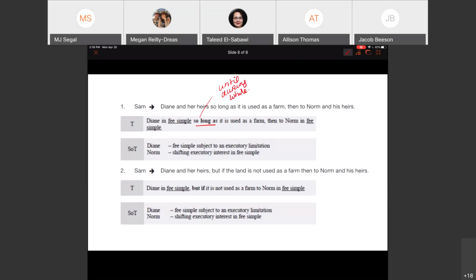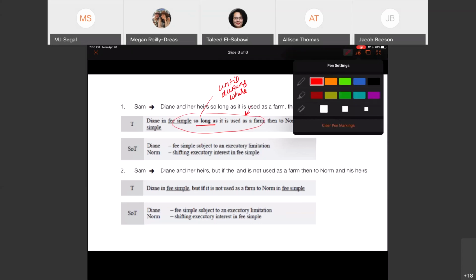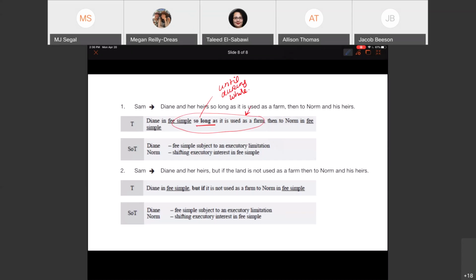Then this language here, this condition, is part of the previous estate. And that's not what we scratch. It's not what we blue line out when we cross out an interest that violates RAP. We're crossing out this interest.